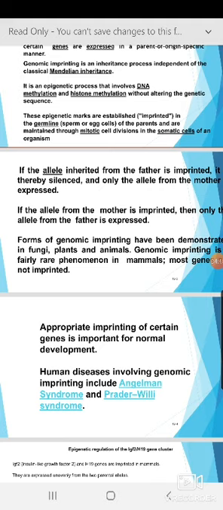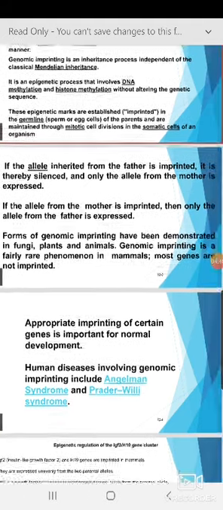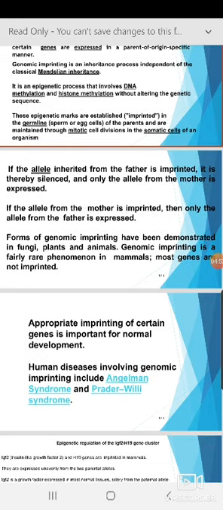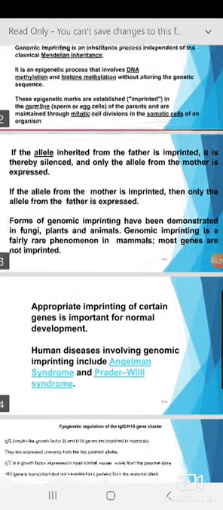So if the allele inherited from the father is imprinted, it is thereby silenced and only the allele from the mother is expressed. Now, if the allele from the mother is imprinted, what is the meaning? That means that specific maternal allele is not functioning, but the father's paternal allele is working, expressed.